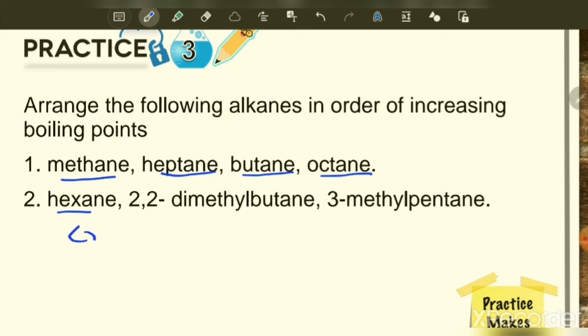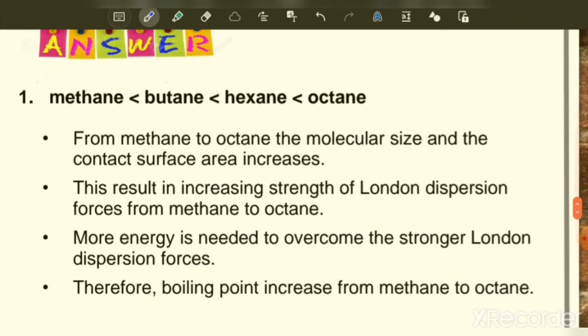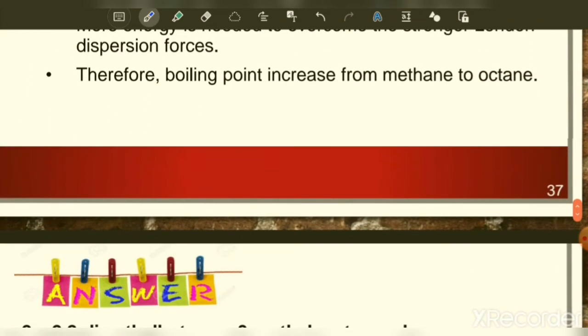For question 2, all of these 3 molecules have 6 carbon atoms. However, the boiling point is different because some have branches. So this is the answer. You can also try.